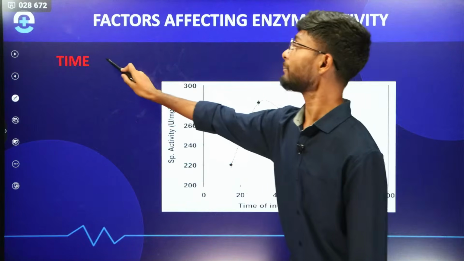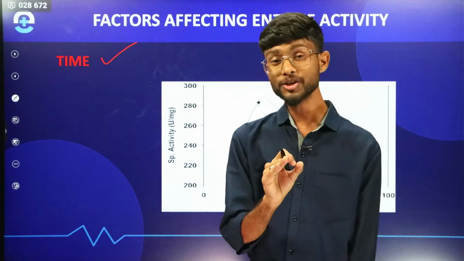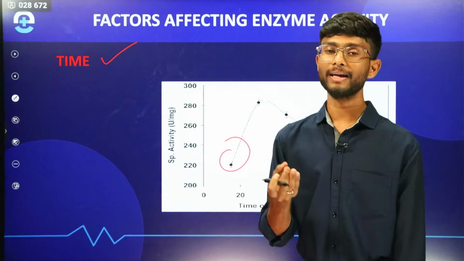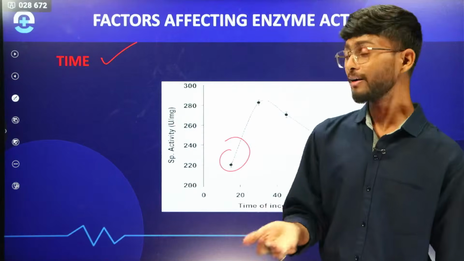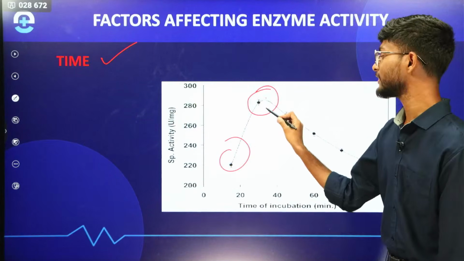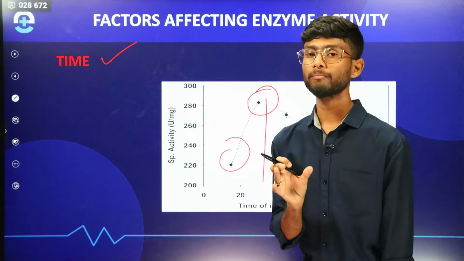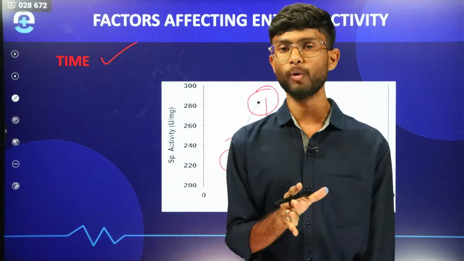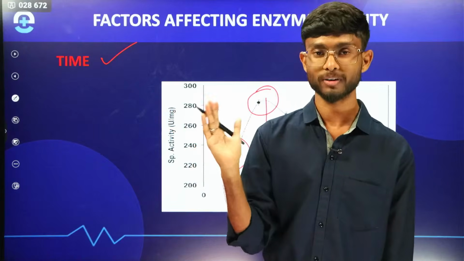And then time kinetics. Coming to time kinetics, in the initial stages the enzyme activity starts, and at the optimum level, the optimum time, the activity is at its peak. For example, we also have saturation points. If someone is triggering us, we will just blast out, right?